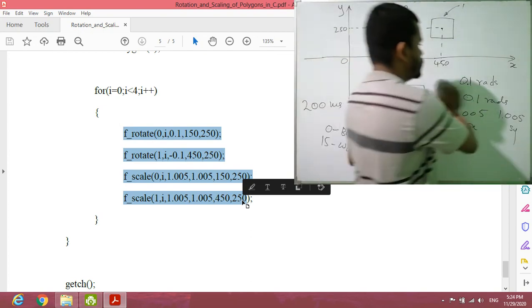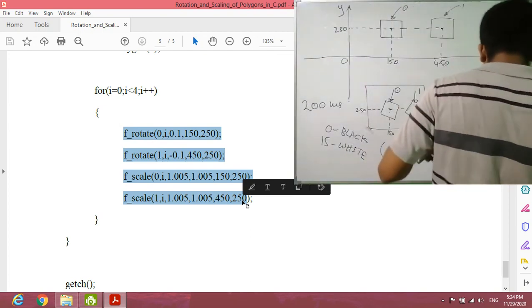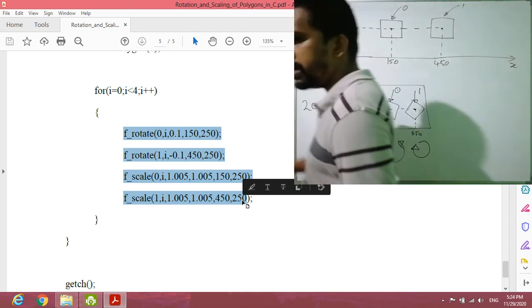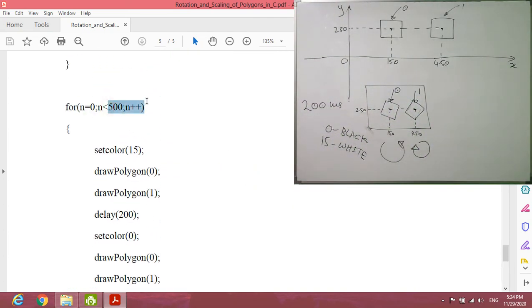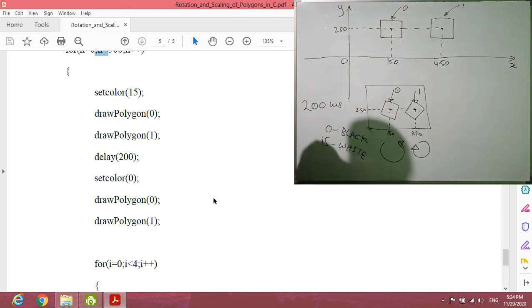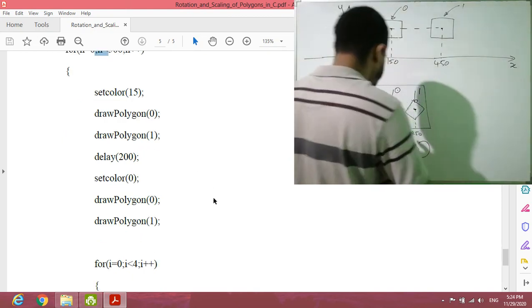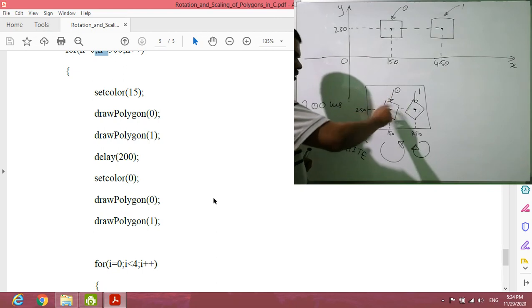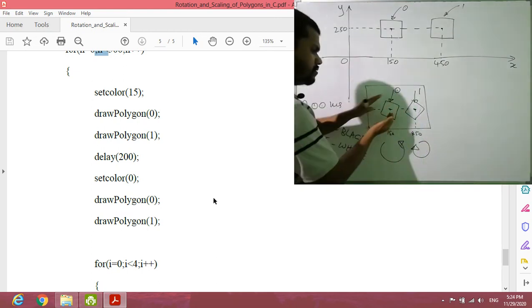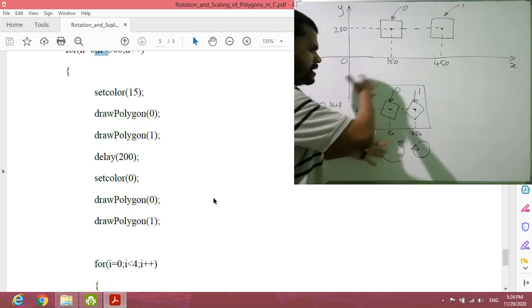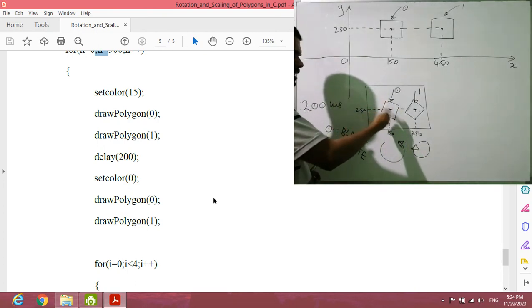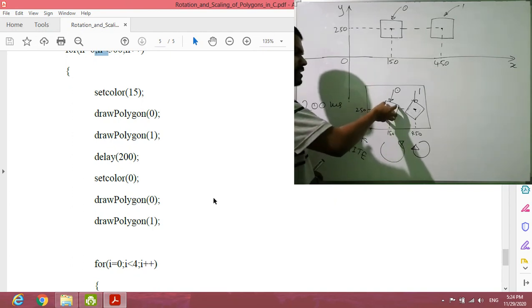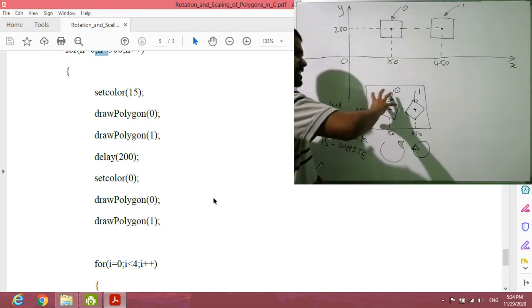So altogether we have 500 iterations, but we can put any number here, or we can put an infinite loop here. Anyway, what you see here is that it will be rotating and enlarging. While rotating, the square will be rotated in anti-clockwise direction around this vertex, and it will be enlarged.